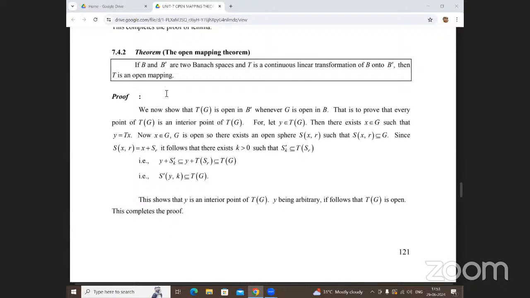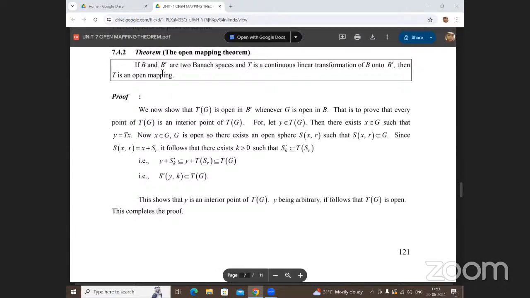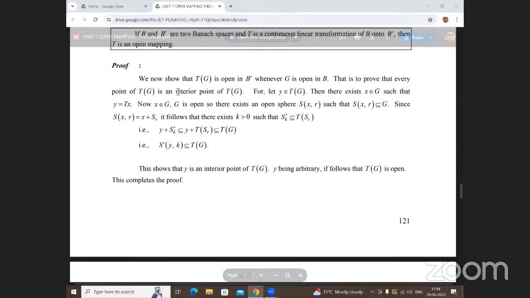Now that is the statement: B and B dash are both Banach spaces, and in between them there is a continuous linear transformation that is onto. When the transformation is onto, continuous and linear, the transformation is an open mapping. That is the statement, simple statement.